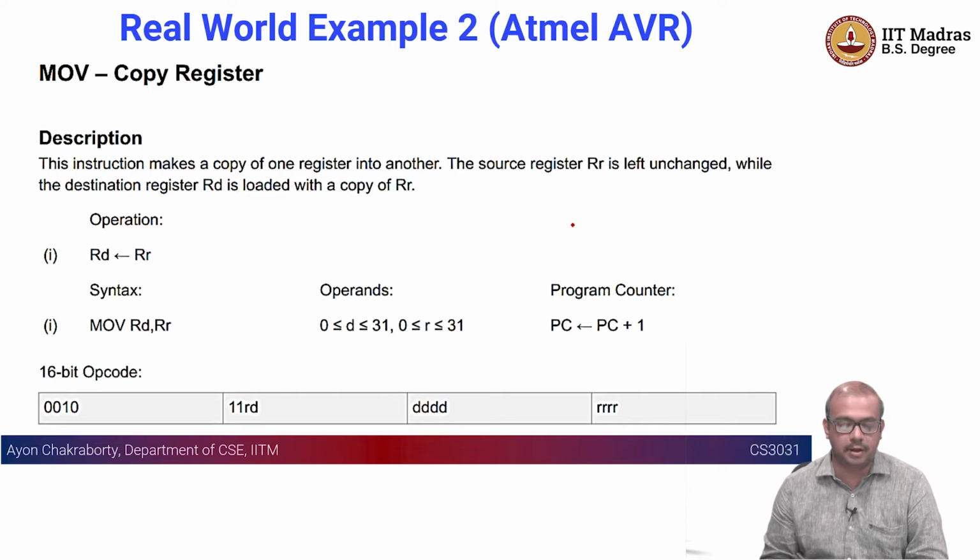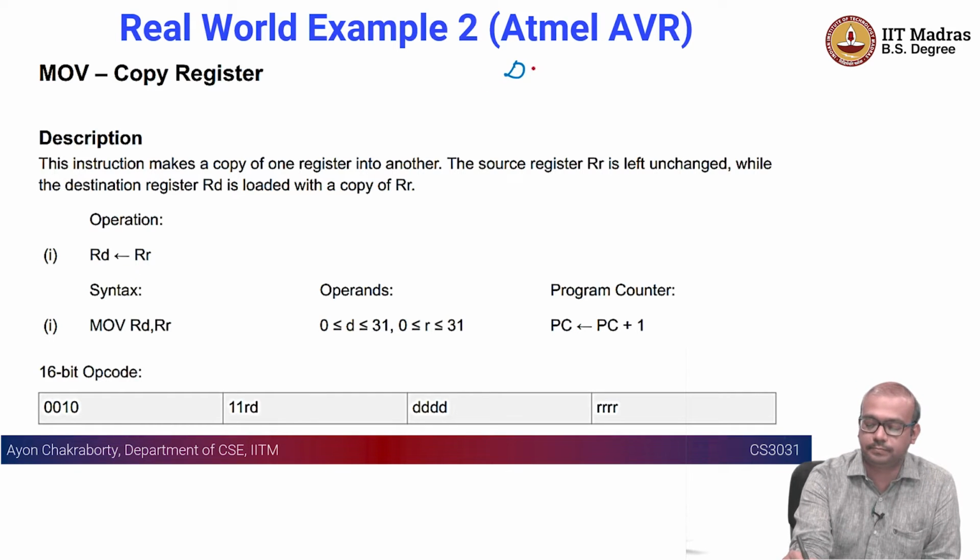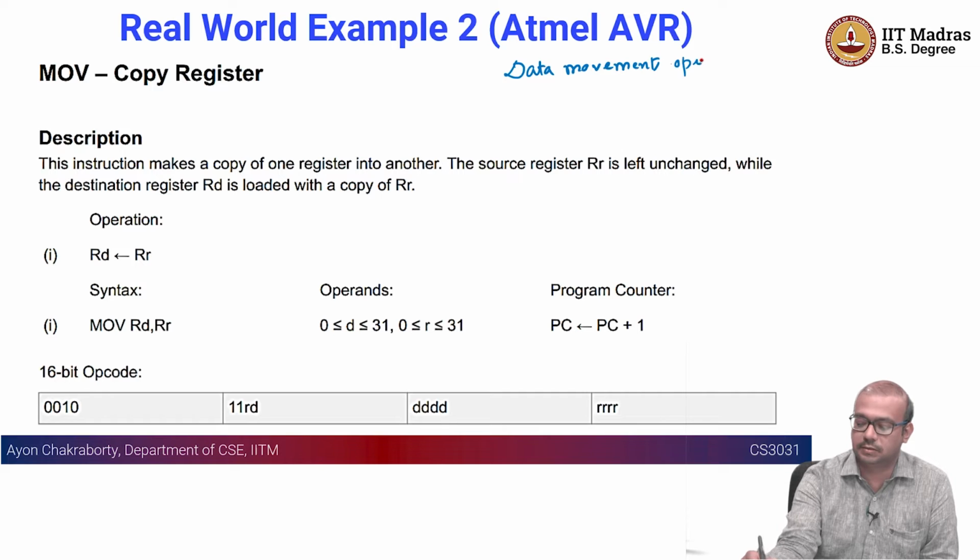This is another example where it's a very common example called move, right? So move, load, these are, you should remember, data movement operations.